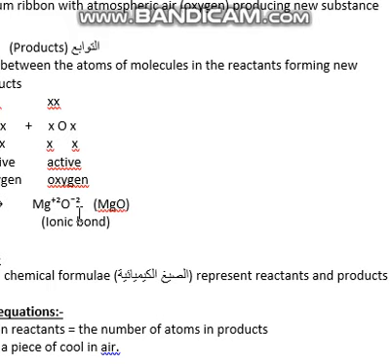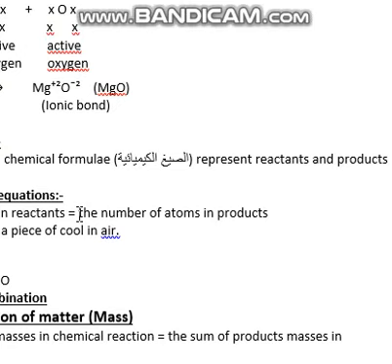Before solving this problem about equations, you must achieve the law of conservation of matter, so before writing the equation you must balance it. What is the meaning of the law of conservation of matter? It's that the sum of the reactants' masses in a chemical reaction equals the sum of the products' masses. Okay? For example, the lighted magnesium ribbon: Mg plus O2 produces MgO.